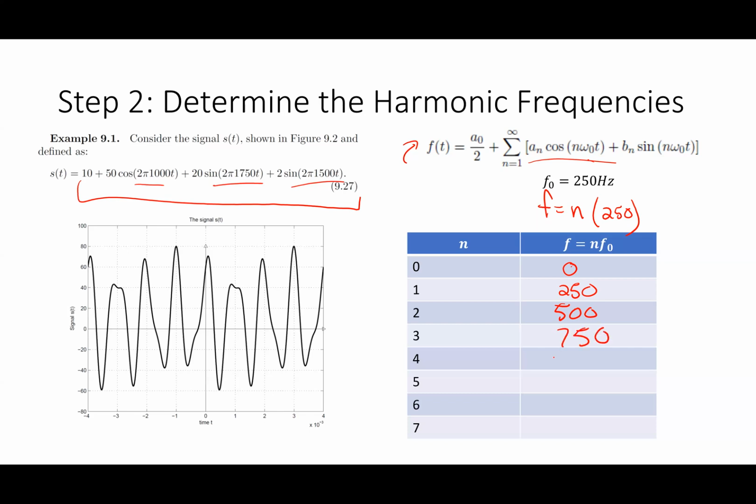Right? 750, 1000, 1250, 1500, all the way up to 1750. So, looking at this, which of these do I have? Which harmonics appear in this signal, F of X, S of T, as this guy is called here? Which ones do I have?